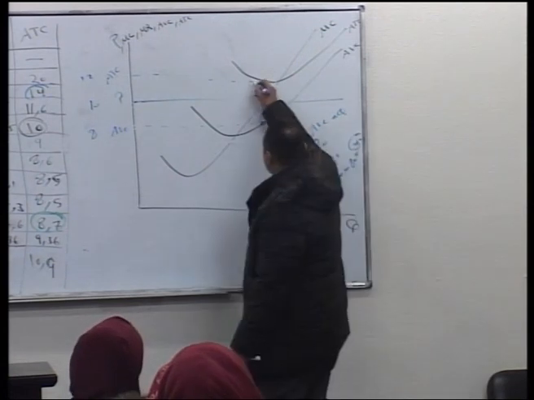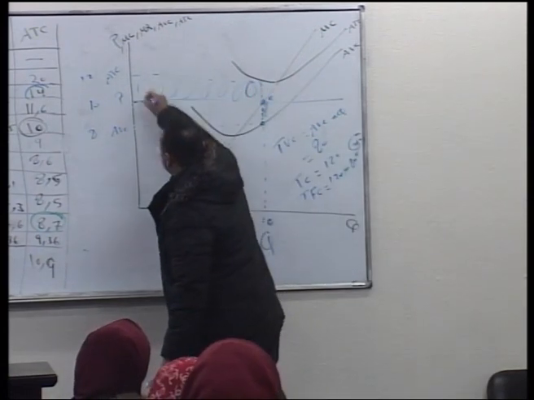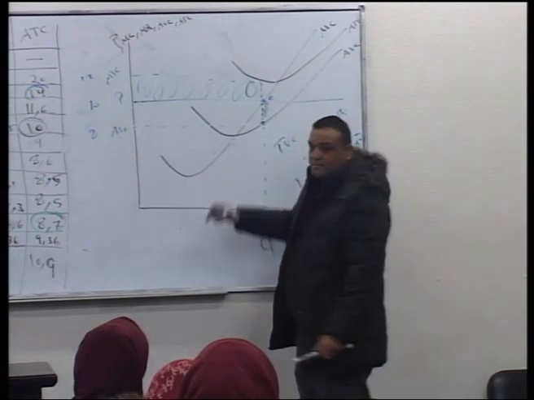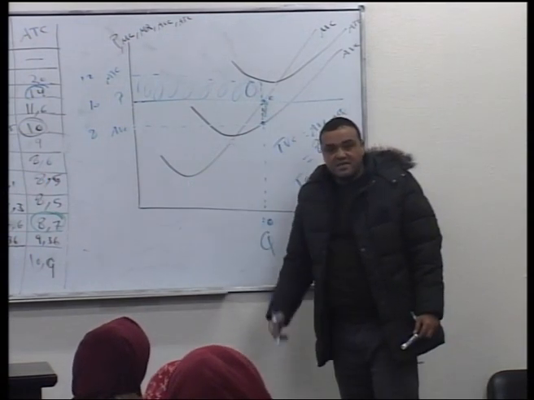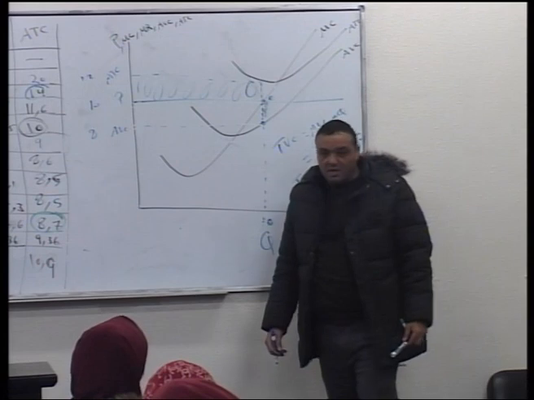Meaning the economic loss is here and this is the normal profit: price minus AVC times Q, TR minus TVC.